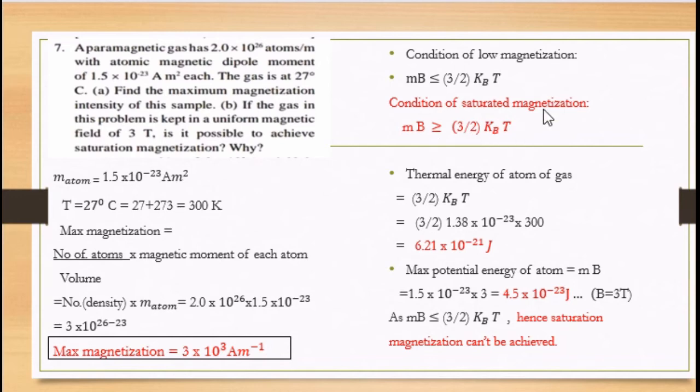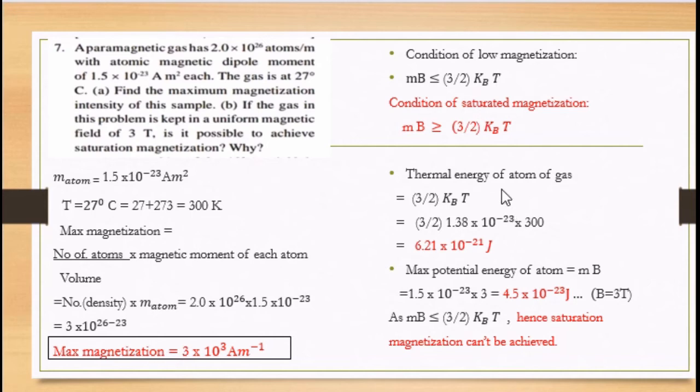So let us find out the value of MB and the value of 3 by 2 kBT. If the value of MB is greater than this one, then there is a saturated magnetization. Otherwise it is not the saturated magnetization.